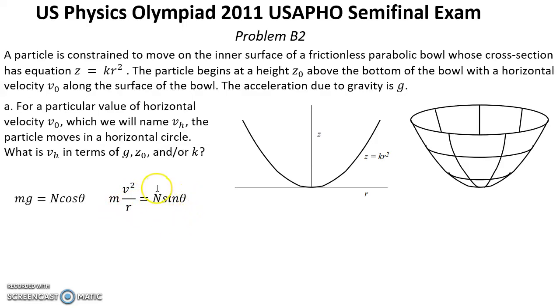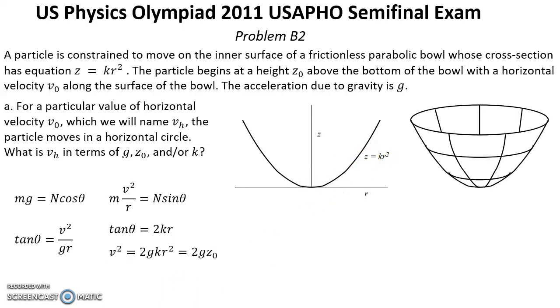Now we can divide this equation by the other equation, and we have tangent theta equals v squared over gr. But from the other hand, we can find this tangent by taking the first derivative of z with respect to r.